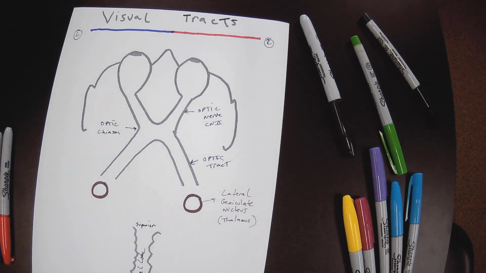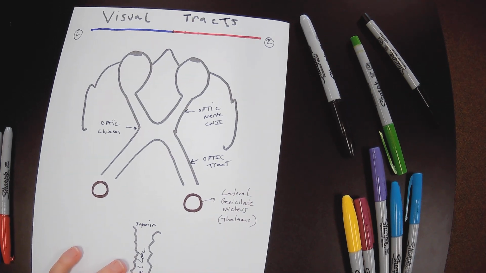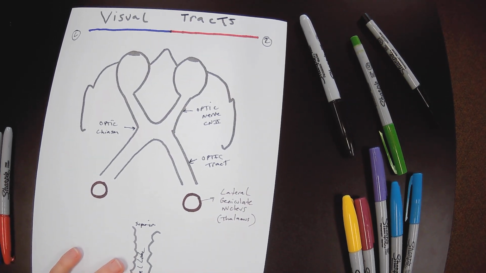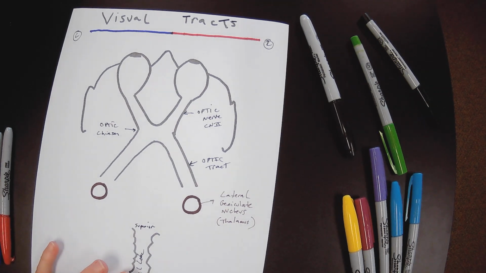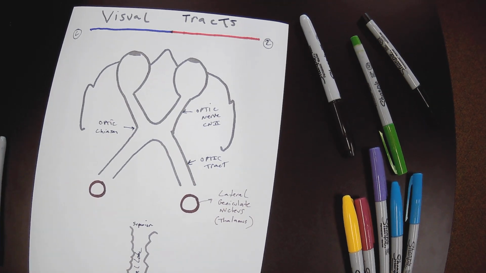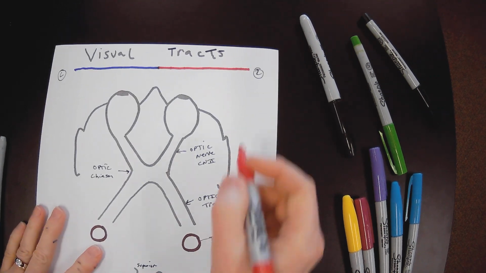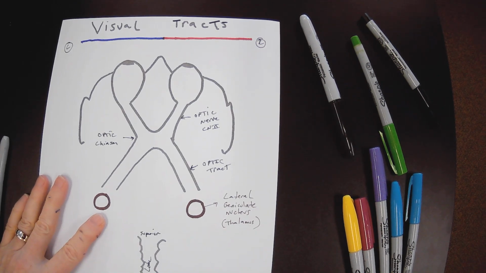So let's start by doing what we just did a minute ago and tracing our visual fields back to the retina. And when you do that on the right eye, as I said before, see that?